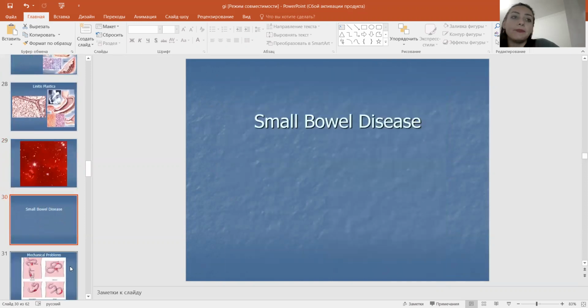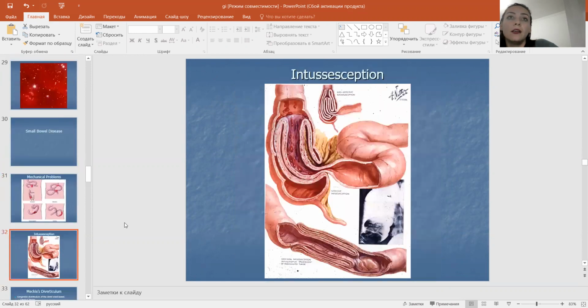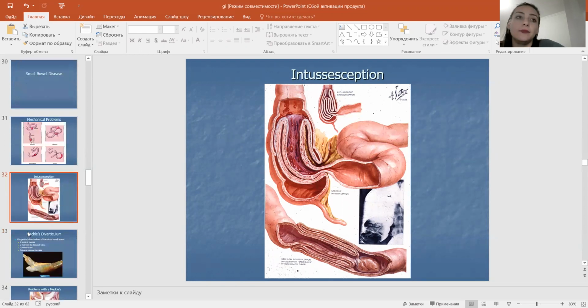Small bowel disease. It includes mechanical problems in inguinal, umbilical hernias, intussusception, volvulus, adhesion. Intussusception means one part of the smaller intestine can enter into the part of the intestine with larger diameter.